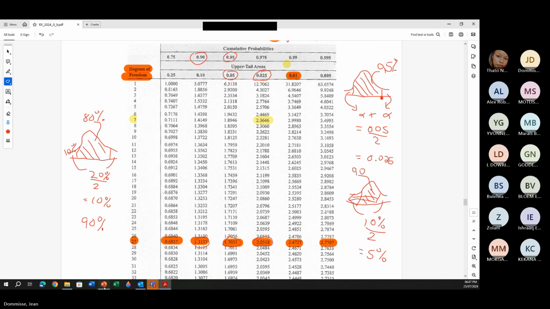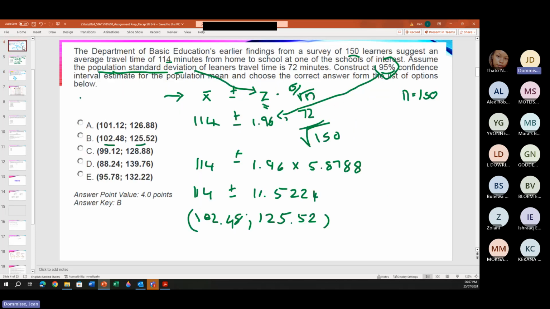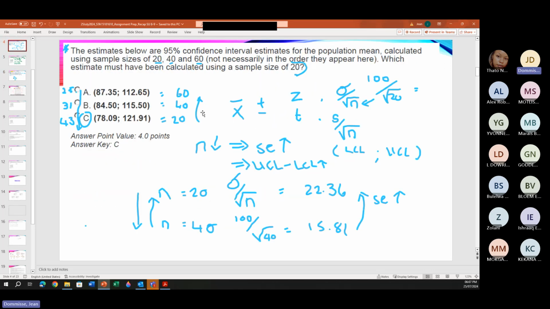So yeah, I just wanted to highlight this first one, that we're looking at sample sizes with a standard error that then changes.